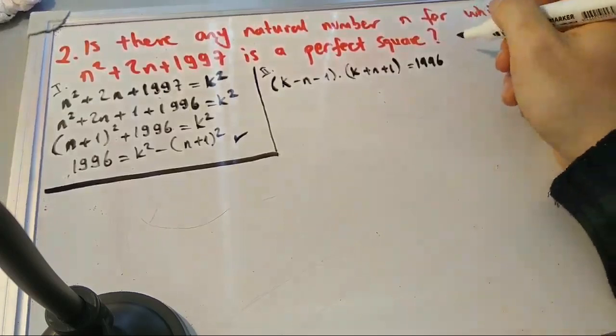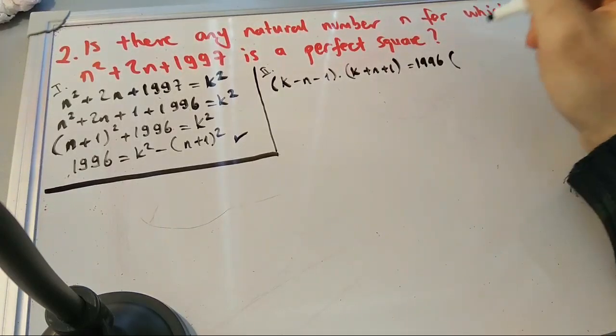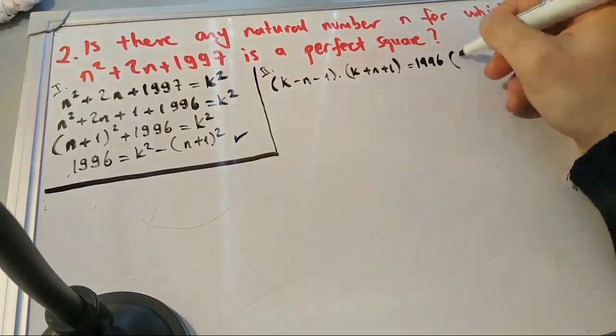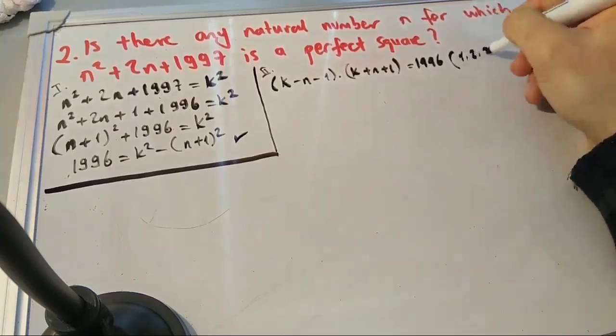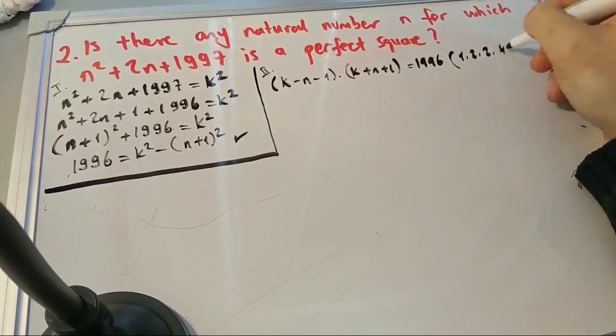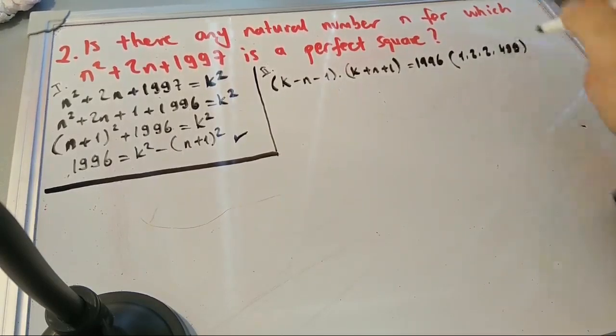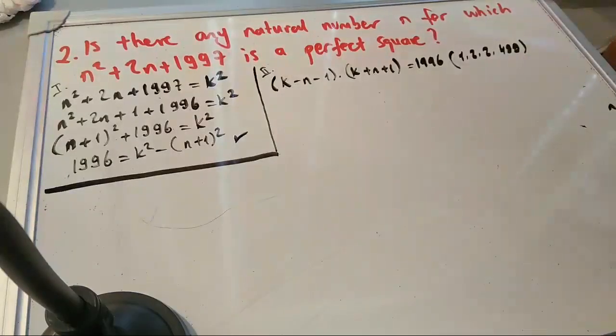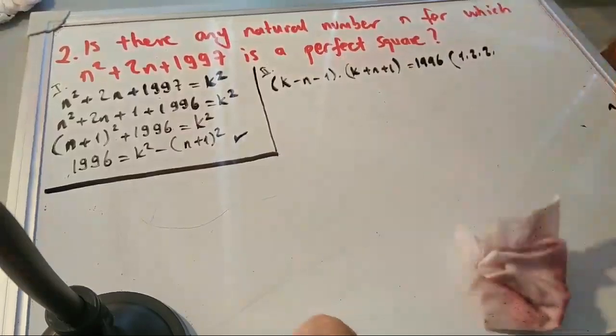But 1996, when you find the prime factorization of it, we will get 2 times 2 times 499, which will give us 1996.